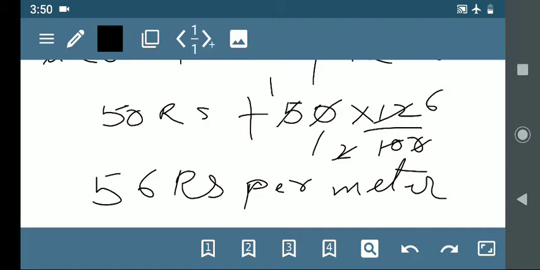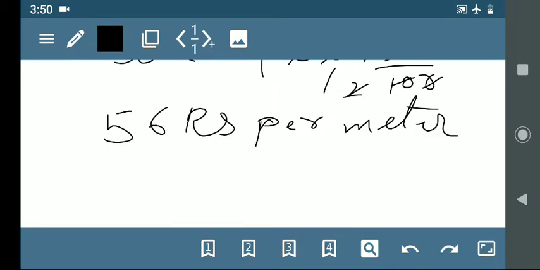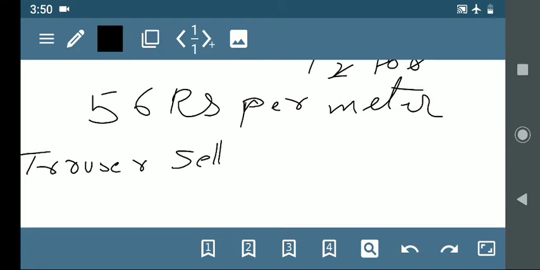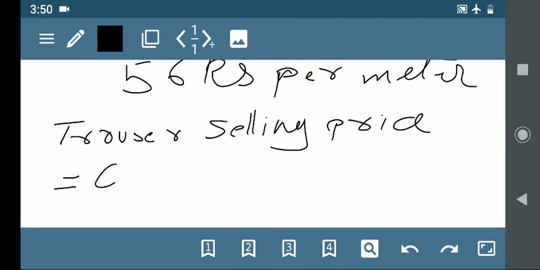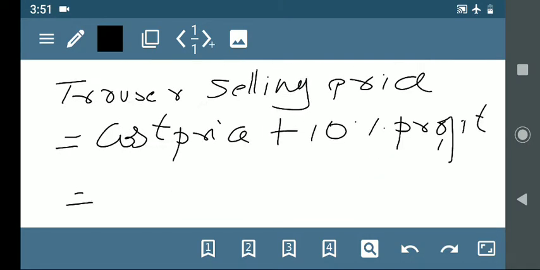Similarly, trouser selling price with profit is equal to cost price plus 10% profit. What is the cost price?